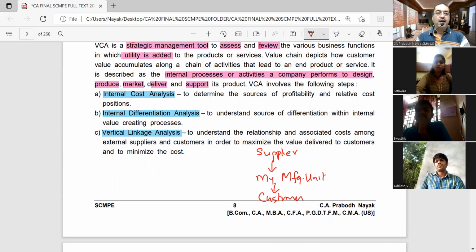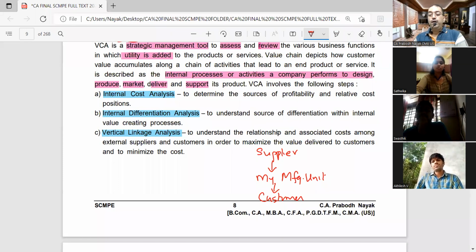So what is the relationship between the supplier and my production unit, and between my production unit and the customer? How can I maximize value from supplier to my unit?